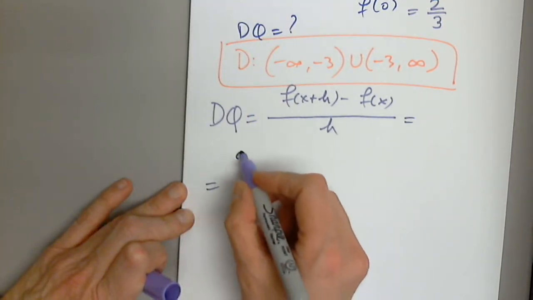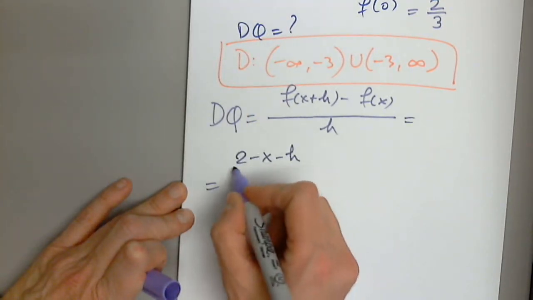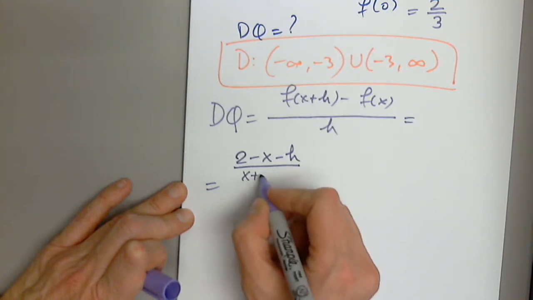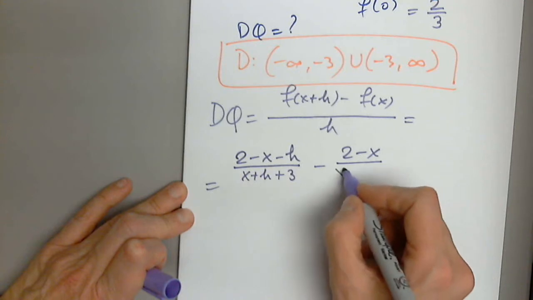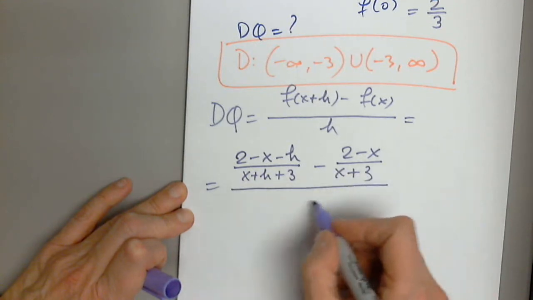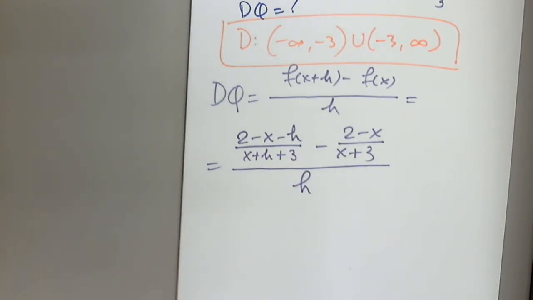So this is 2 minus x minus h, careful, over x plus h plus 3, minus 2 minus x over x plus 3, everything divided by h. Is this clear? 2 minus x, but x is x plus h, and I have to distribute x plus h plus 3, and I copy the function. Agreed so far?